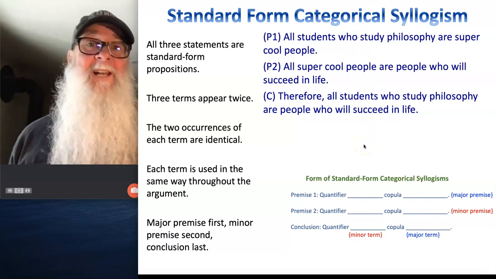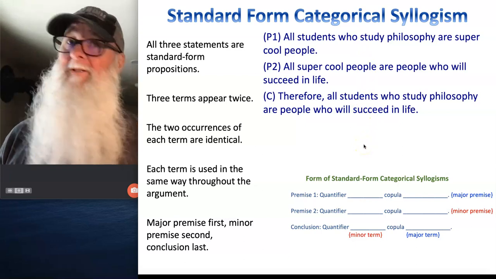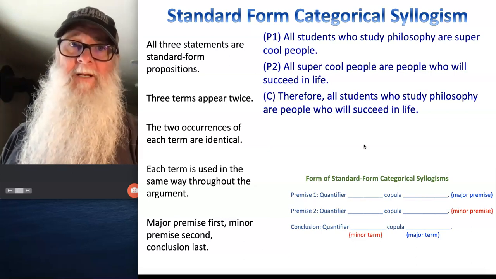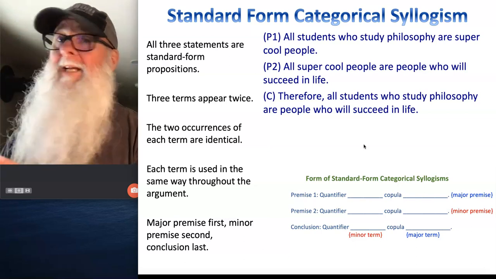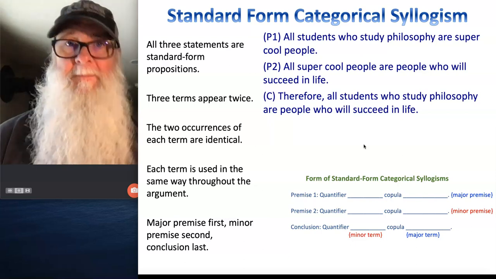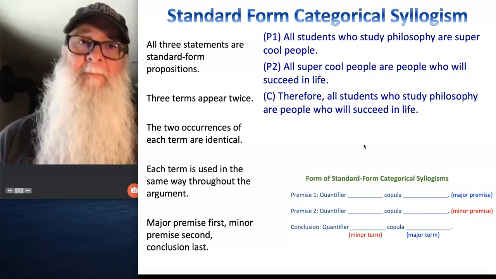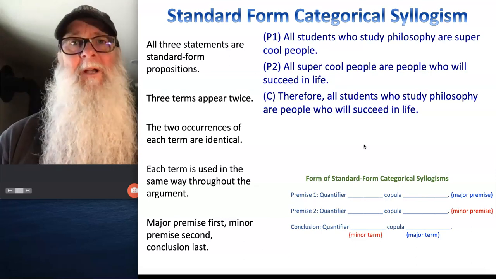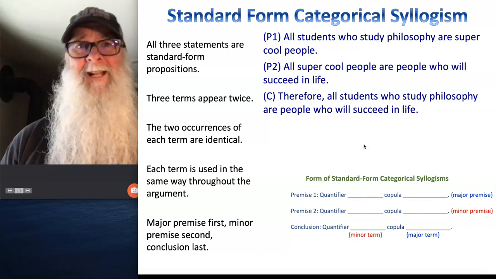So this is not a standard form categorical syllogism. It's a categorical syllogism, but it doesn't meet all of the requirements for being in standard form. And as a consequence, there's going to be a lot of things I can't do to this that I could do if I simply flipped the premises. If I flip the order of the premises, then I'll have my major premise where it needs to be, the first premise. And that's what I would do.